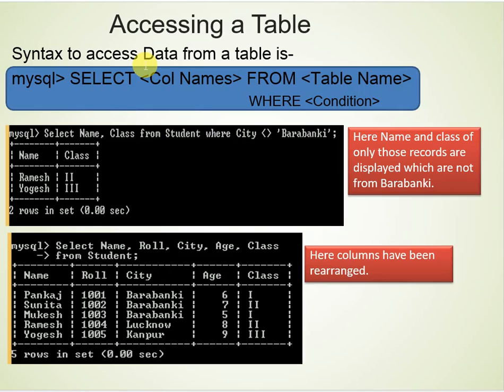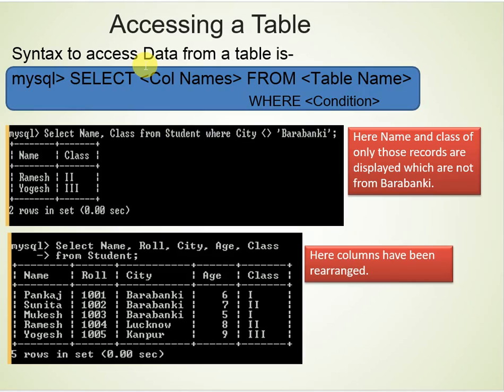Select name, roll number, city, age, class from student. It will display this information. If you want to display only the name and city, then you simply specify select name comma city from student, and if you want to specify any condition, then you can use the where clause and specify the condition to retrieve some specific records. I hope it's clear to everyone.